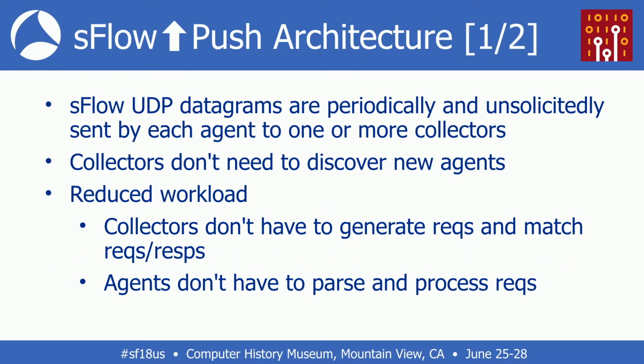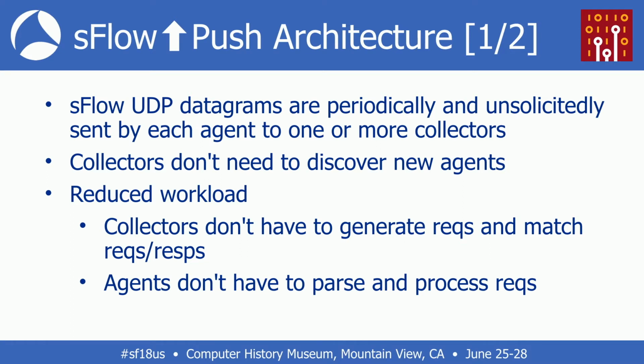So sFlow uses UDP, but it's not only UDP, it's monodirectional UDP. It's also known as a push architecture, because the agents unsolicitedly and periodically send the UDP datagrams with the samples to the collectors without being contacted by the collector.